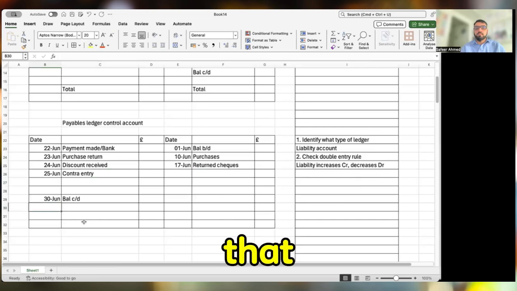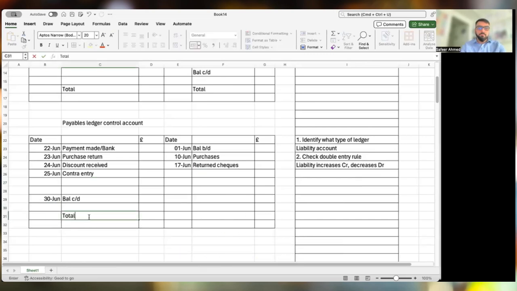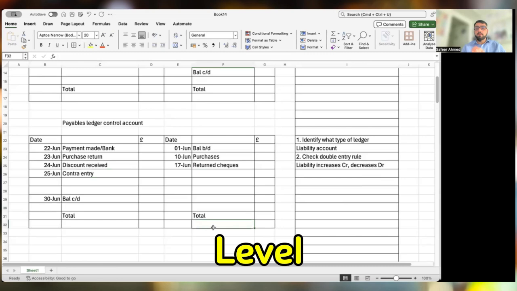So you can see that we have used a similar approach in tackling this kind of question. At level 2, you need to know what goes on the debit side and what goes on the credit side. At level 3, especially as part of your incomplete records, you need to know that a balancing figure can be asked.